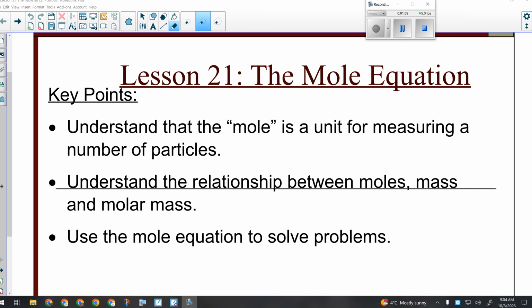A couple. Dozen? Yeah. A few. Well, a few is always a different number, though. But we do have some that are defined, right? Like couple is always 2. Dozen is always 12. Well, a mole is always this many.